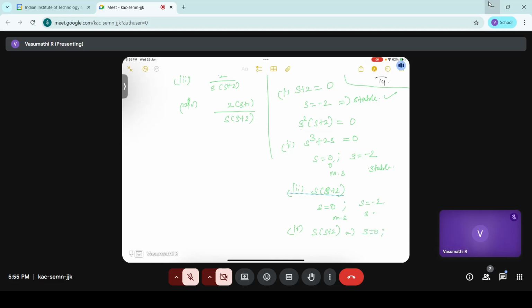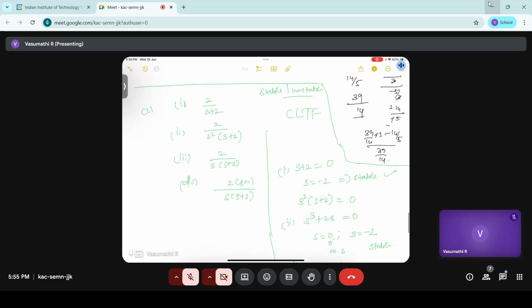One will be here, one will be minus 2. So when you individually measure for all the systems, considering this to be a closed loop transfer function, all the poles are either marginally stable or stable. For now I am considering all to be stable. Everything is either at 0 or in the left half of the s plane.